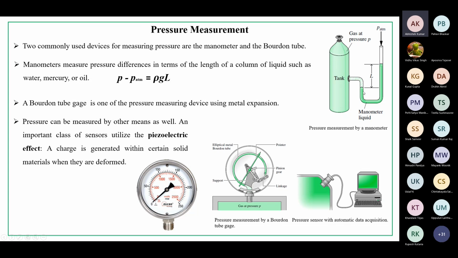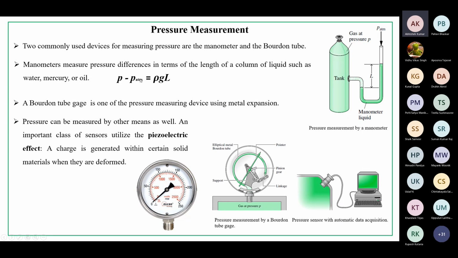One more thing is what kind of fluid we should pour in as the manometer liquid. Many times we use mercury, because the pressure shown is rho g h. Let us assume this is 5 units.